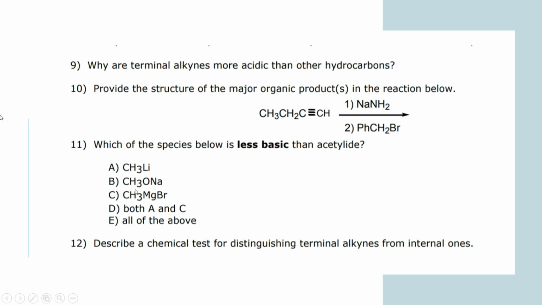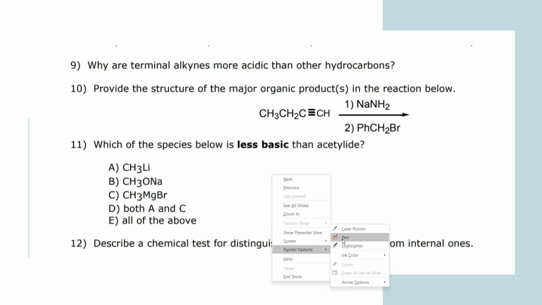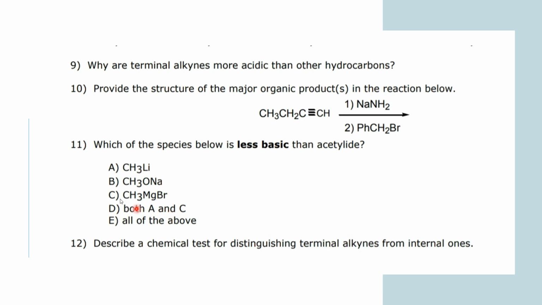Methoxide will not readily give up its electrons. Hence, this methoxide anion generating reagent will be less basic than acetylide. So the answer for this question will be B. Okay.